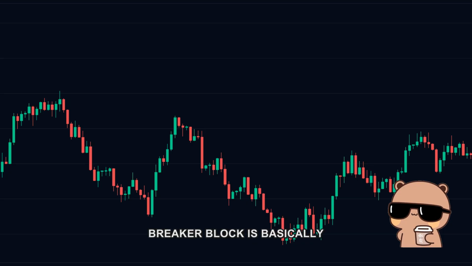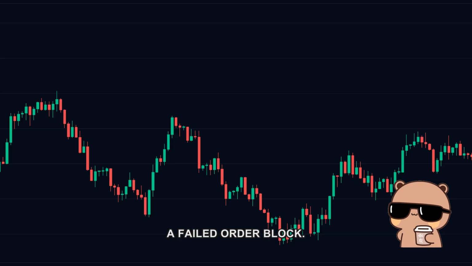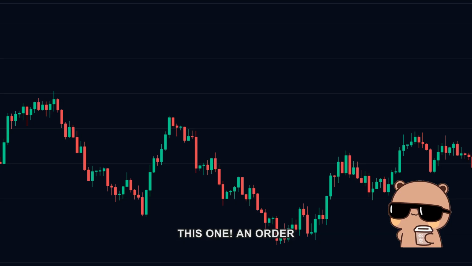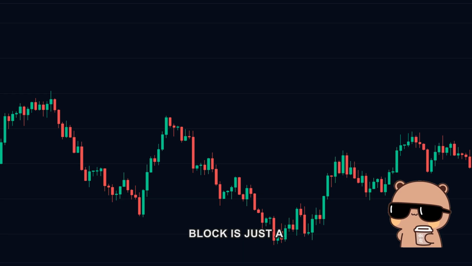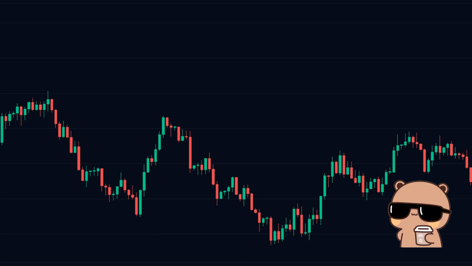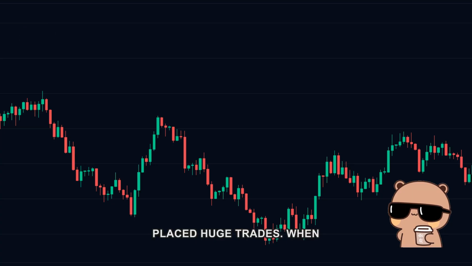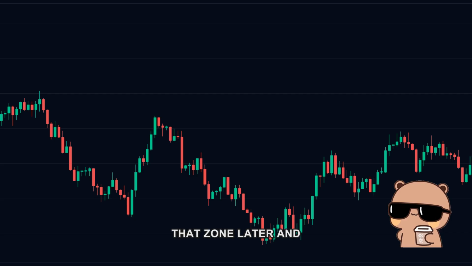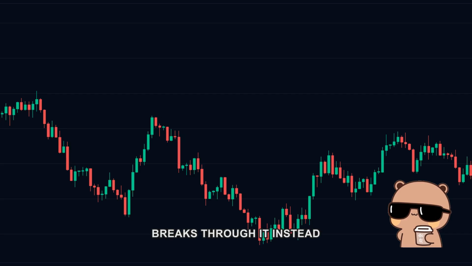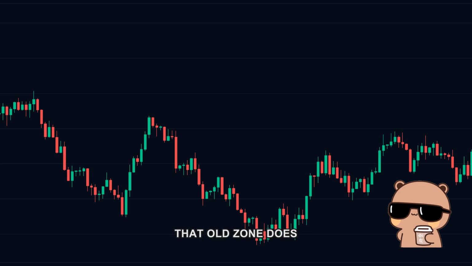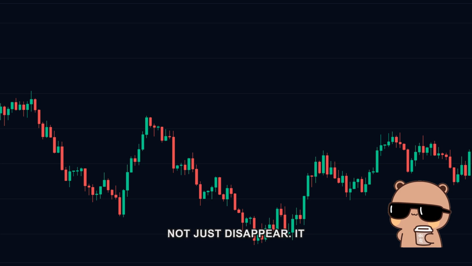A breaker block is basically a failed order block. Bear with me on this one. An order block is just a zone where big players, like banks and institutions, placed huge trades. When price comes back to that zone later and breaks through it instead of bouncing off it, that old zone does not just disappear.